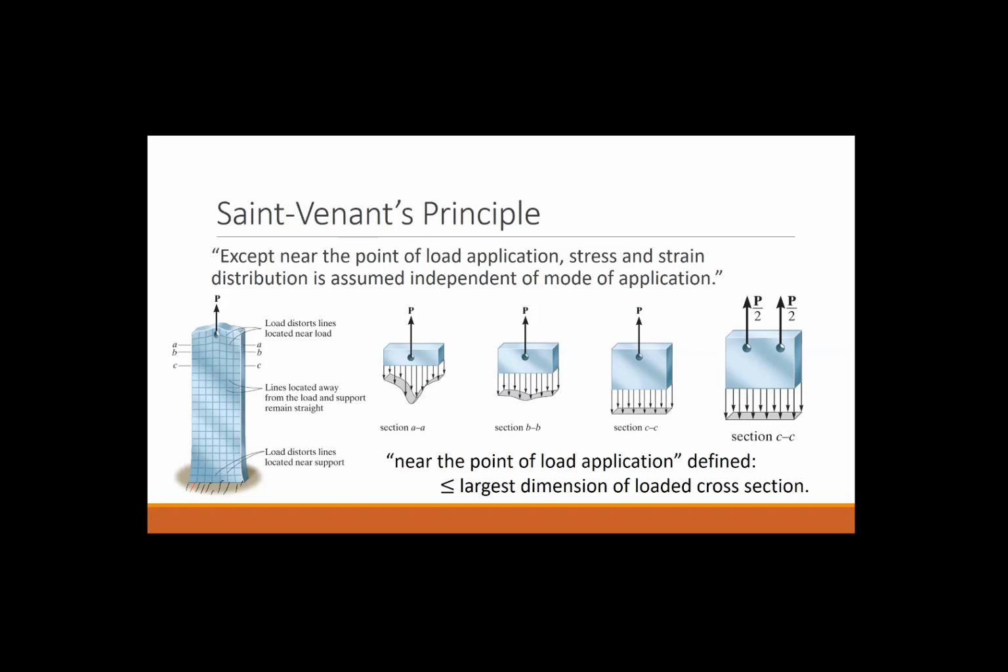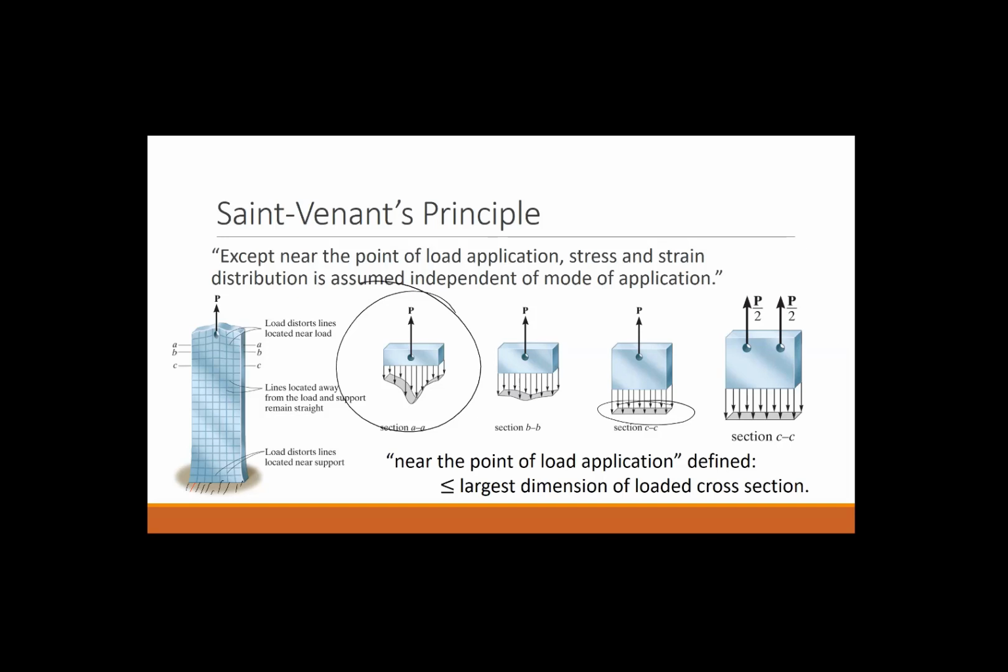Right at the point where you have the loading, your stress state is going to vary widely. You can see here, because that load is applied at just one point, it's significantly higher stress in the middle as opposed to the sides. Then as you go a little bit farther away, it becomes more like a uniform stress state.